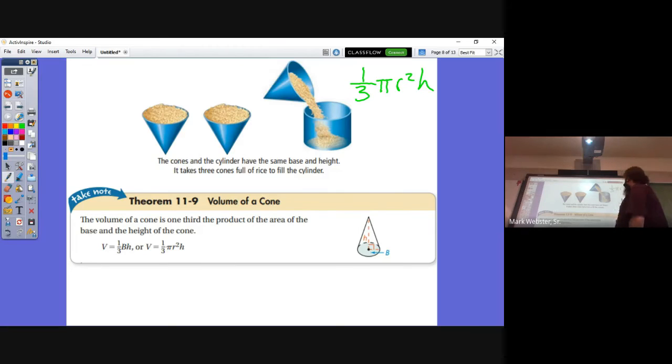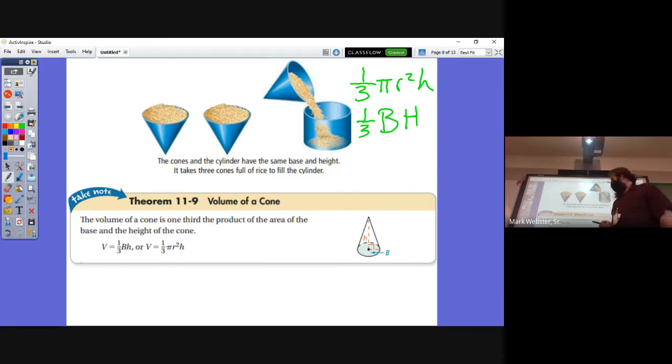But pi r squared is the area of the base, so this is still 1/3 base times height. It's still the exact same thing. If you want to use the special formula because you want to, great, awesome. No worries. It'll get you the exact same answer.